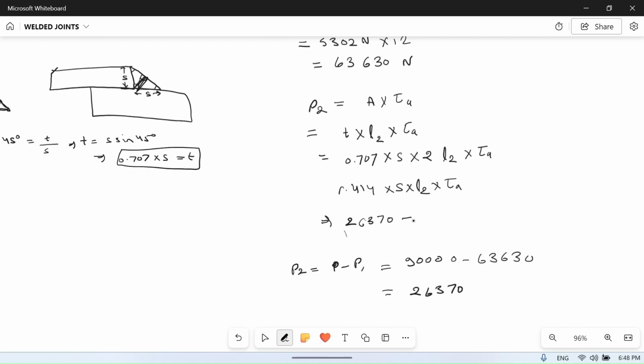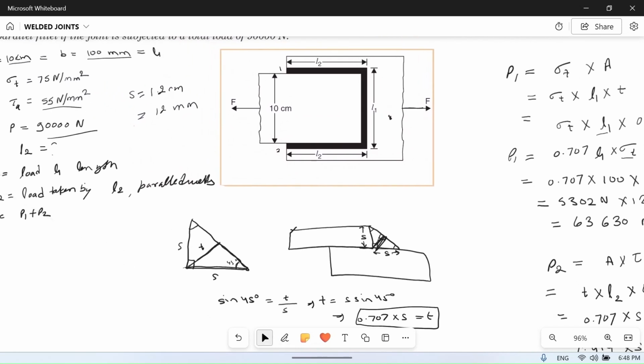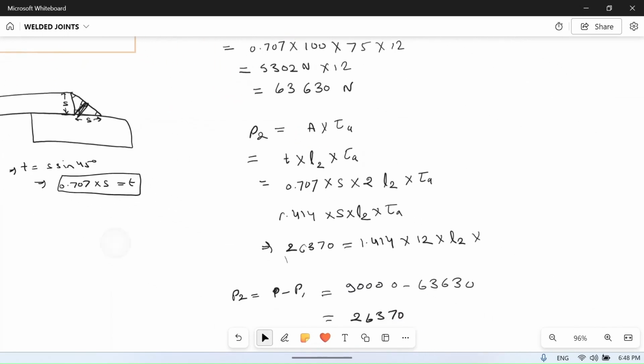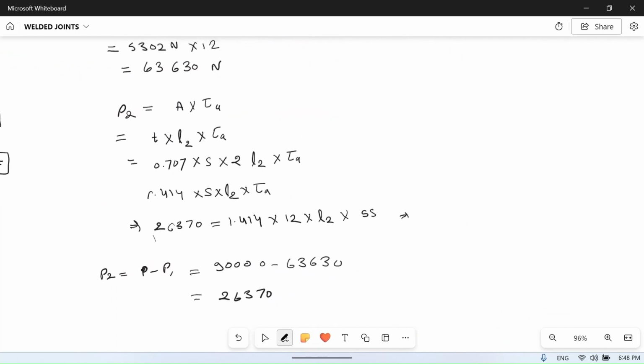So we can write it here: 26,370 is equal to 1.414 into the thickness of the plate, 12 mm, into L2, which we have to find, into tau, the maximum allowable shear stress, which was given as 55. So from here you can write L2 is equal to 26370 divided by 1.414 into 12 into 55.